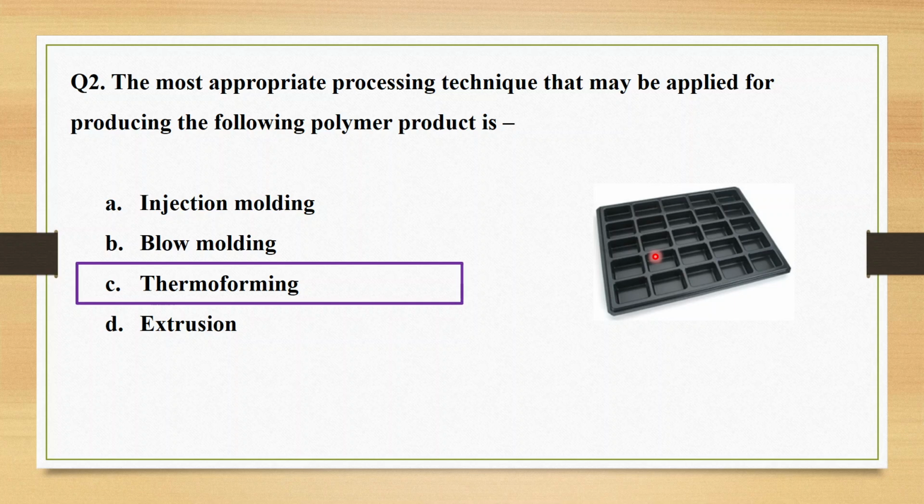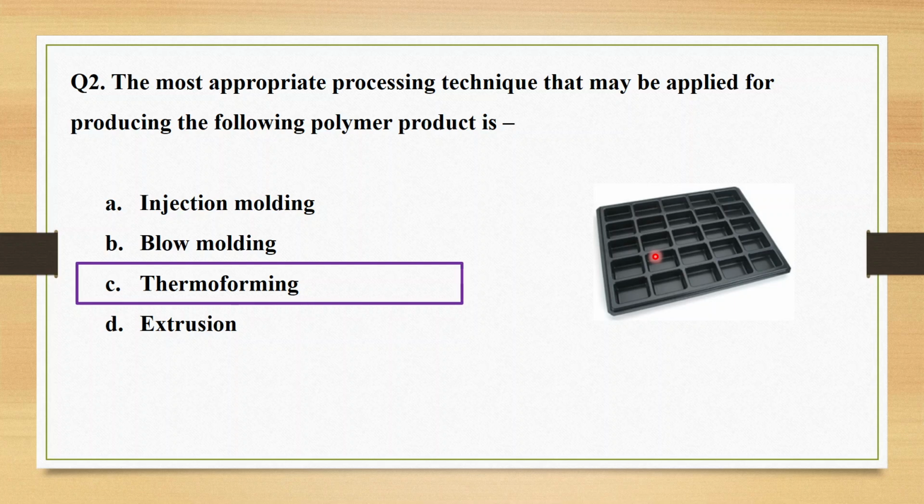Look at this particular product structure. You first get a semi-melted situation of your polymer or plastic material. Now you place a mold on it, and once you place the mold, you can create suction so that you get deformation around that mold.